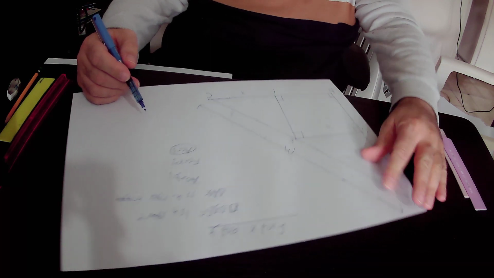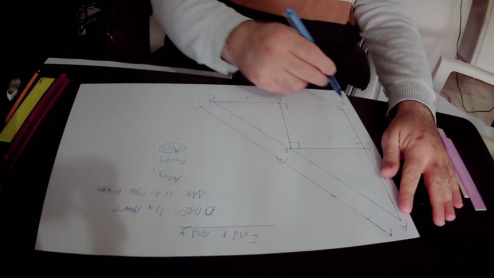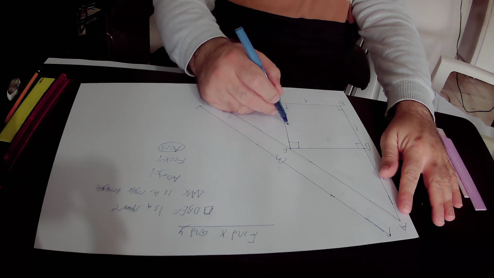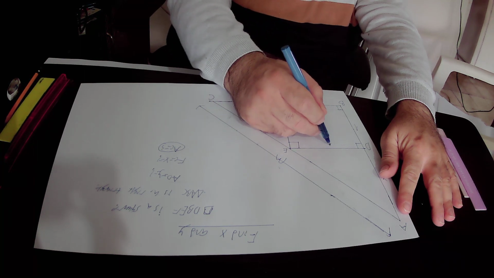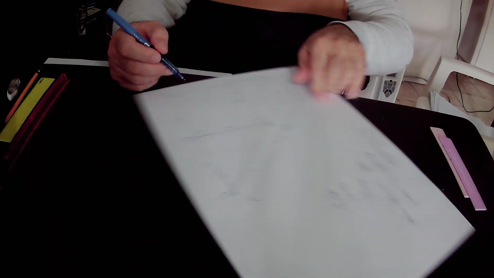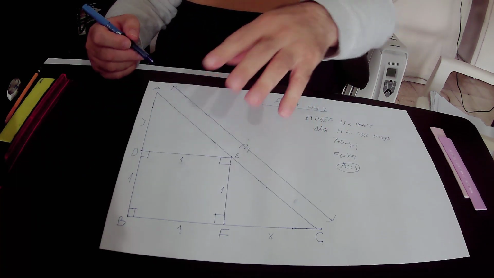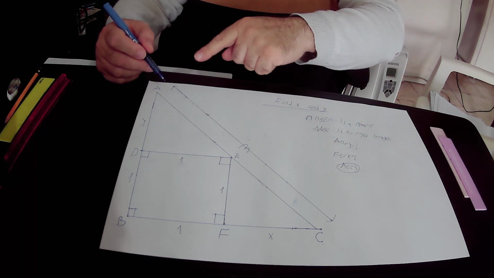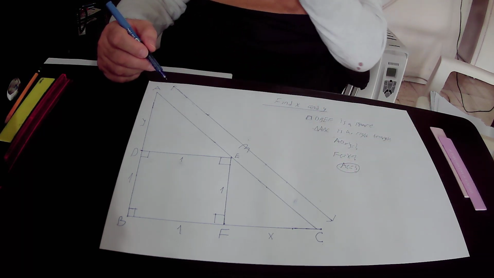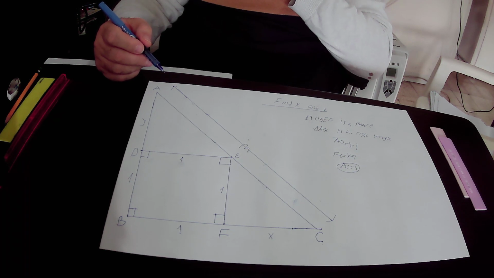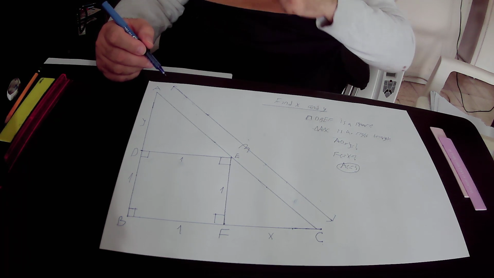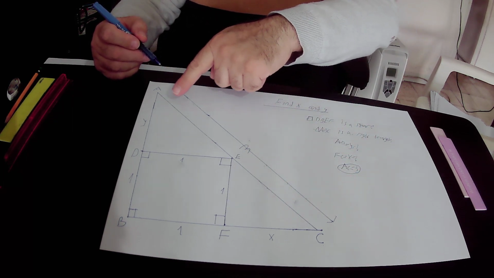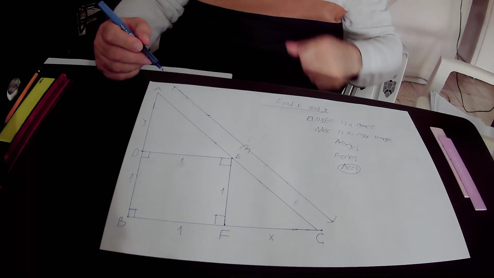One side of square DEBF is equal to 1 unit, so all of its sides are equal to 1 unit, and the hypotenuse AC of the right triangle ABC equals 3 units. We want to find the values of line segments FC, which equals X, and AD, which equals Y.